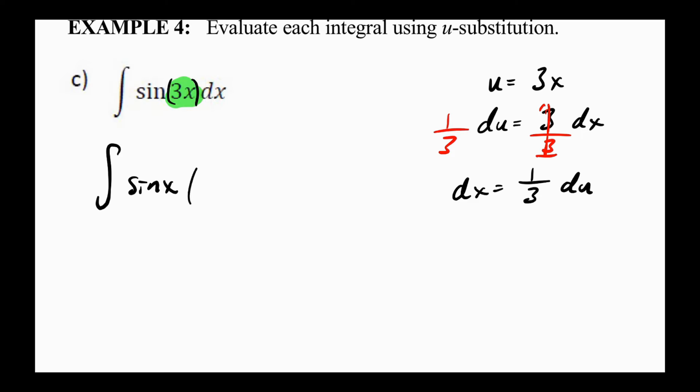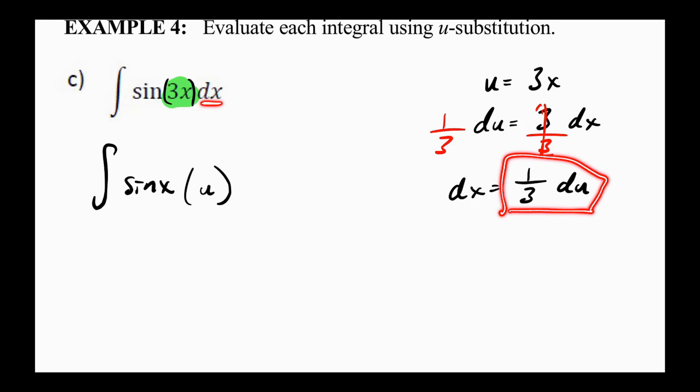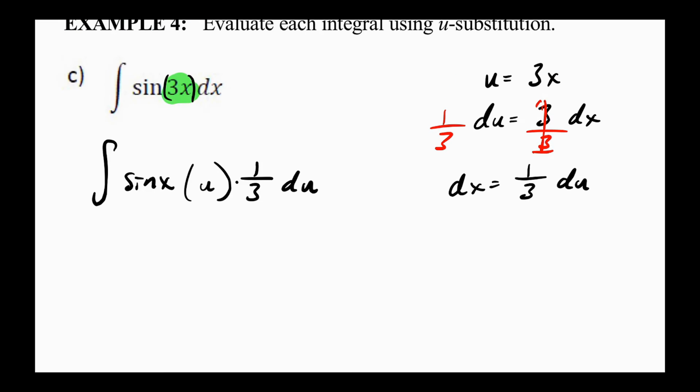So instead of 3x, I'm just going to put u. And dx now is 1/3 du. So that's going to go in its place over here. So times 1/3 du. Okay, that's step 5. Sub in it.